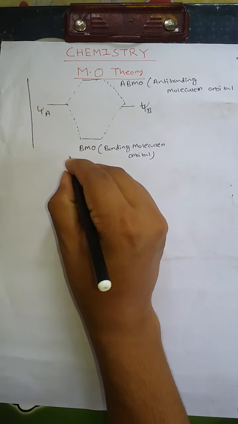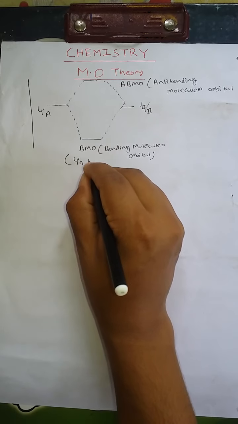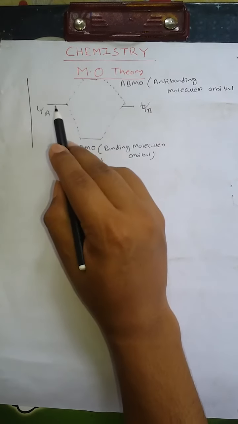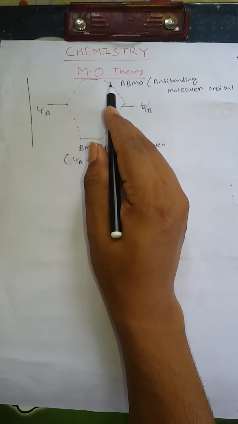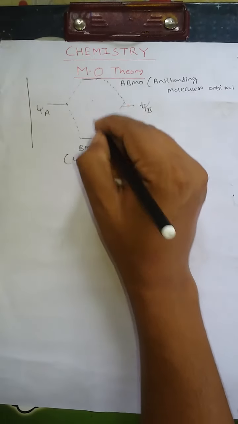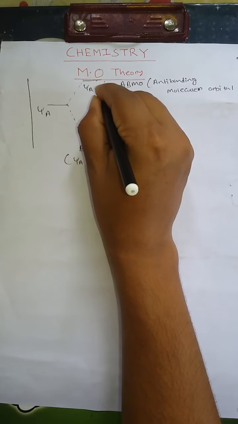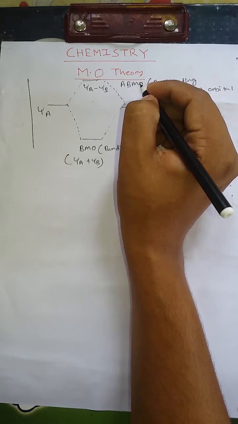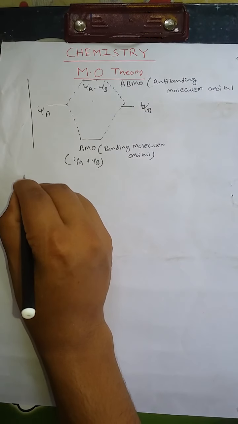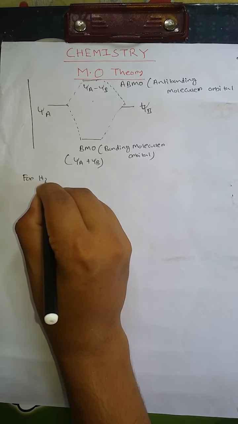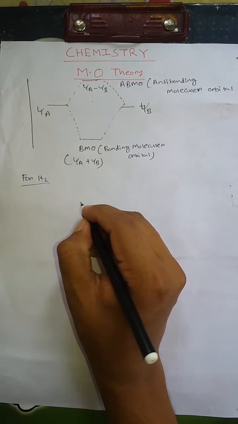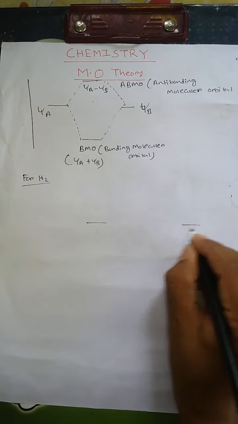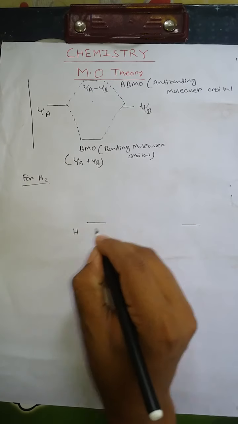So BMO is psi A plus psi B. And for the anti-bonding, where energy increases, it is psi A minus psi B. Let us take the example of the hydrogen molecule, H2.